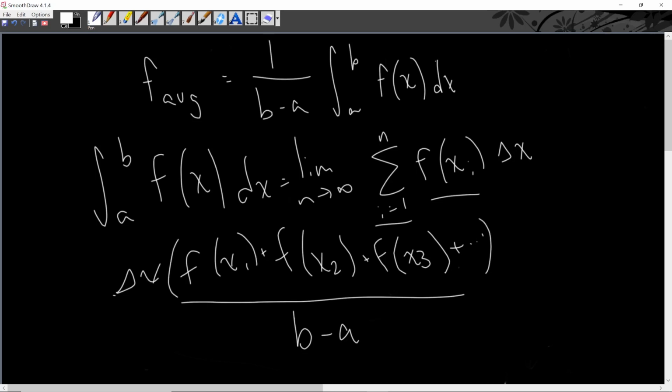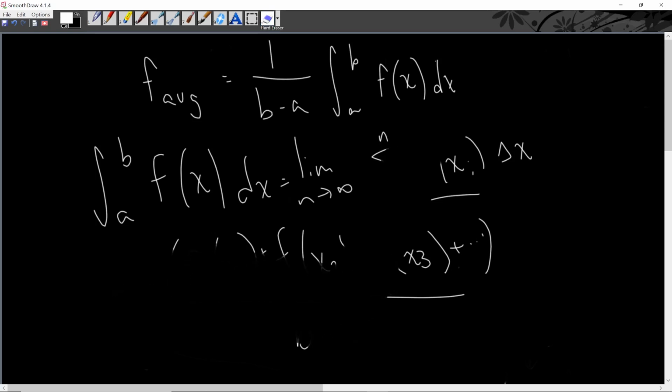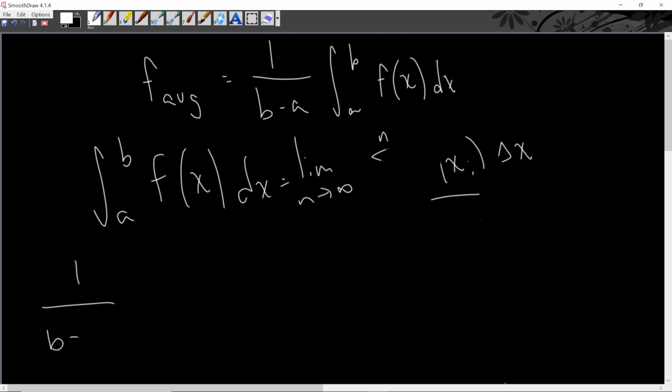So this will be delta x up in the numerator, and then we can rewrite our series. So this is going to be delta x times each of those terms. Let's pull that 1 over b minus a out to the front.